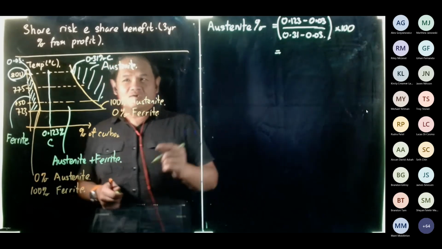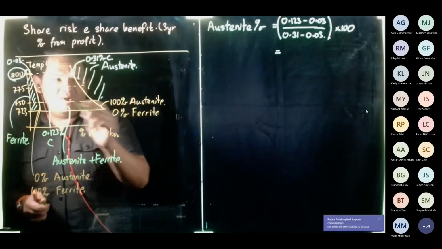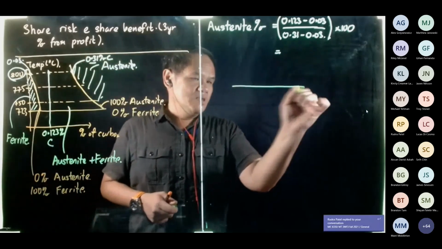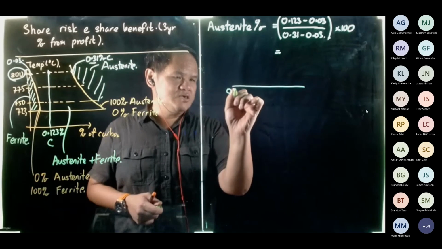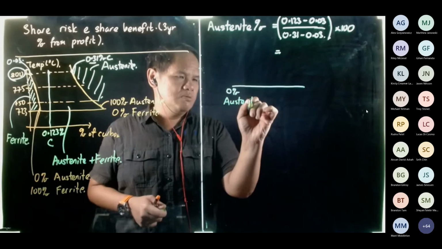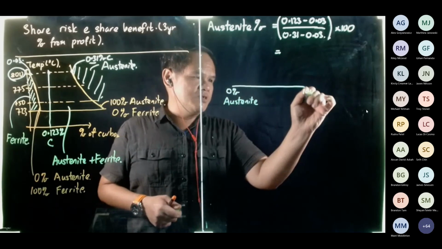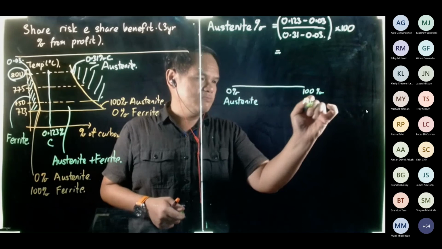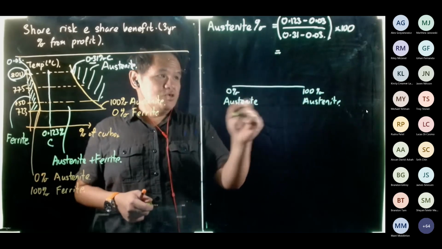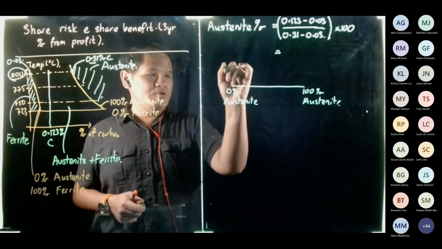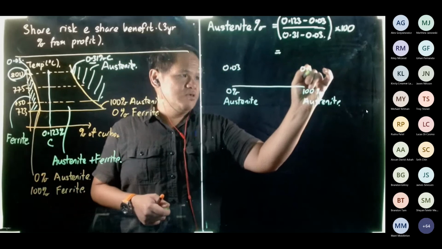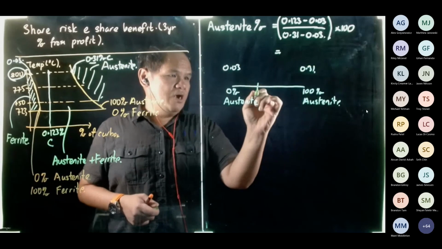If we look at this line over here, this is 0% austenite. Over here is 100% austenite. So it's a percentage that we want to know. And if you look at the carbon, this is 0.03 and this is 0.31.